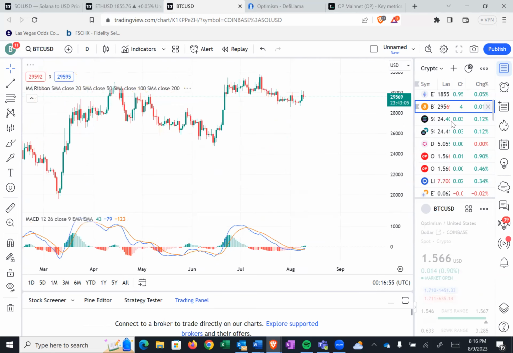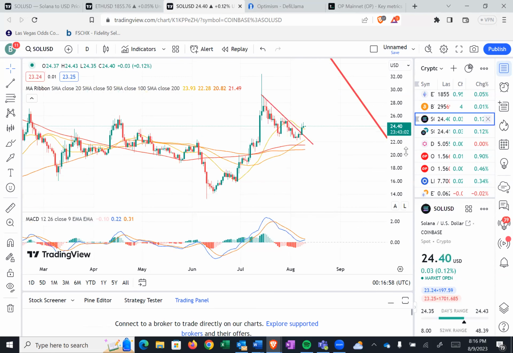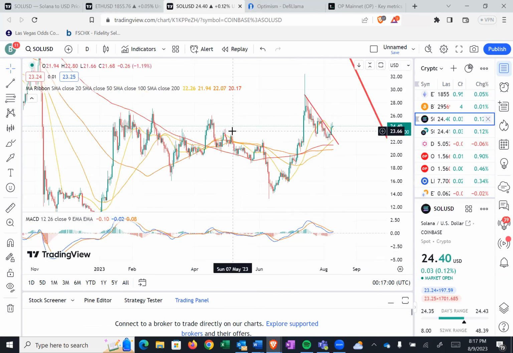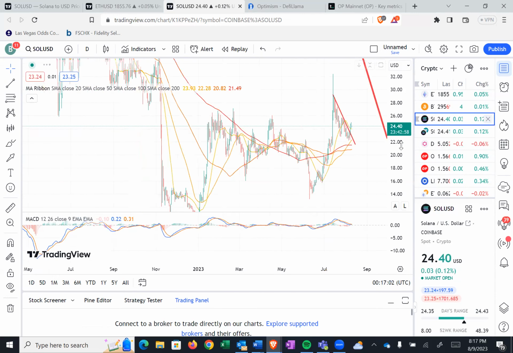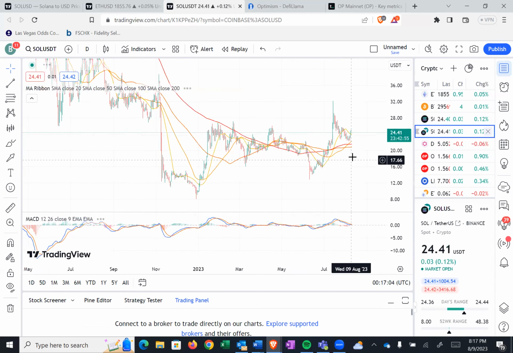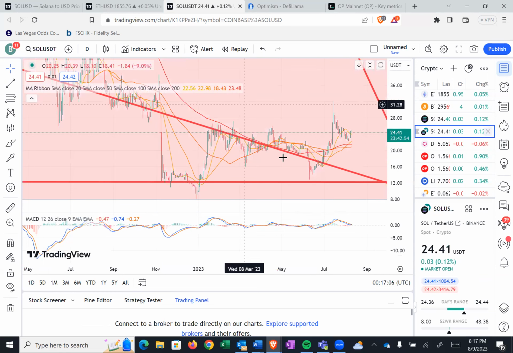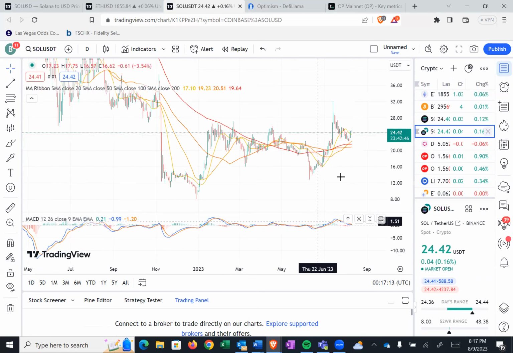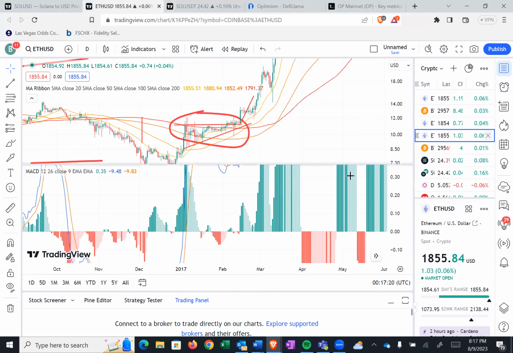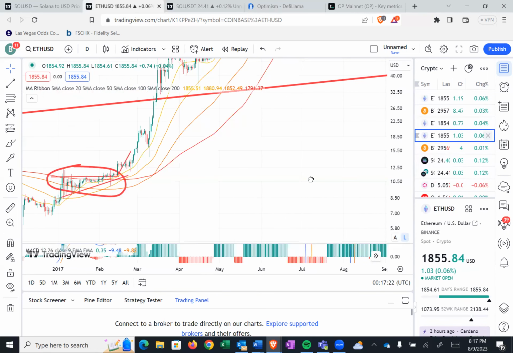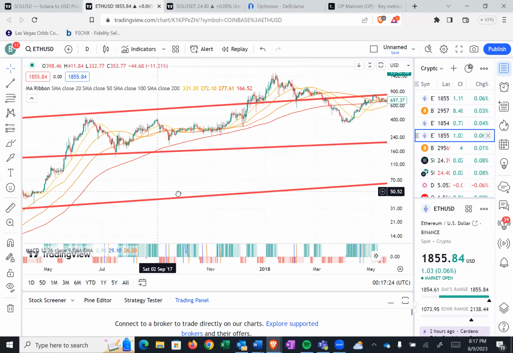Let's look at Solana. Solana looks great to me, if I'm being honest with you. Solana has a really interesting formation. It's kind of this double bottom pattern. Actually, interestingly enough, Solana looks very similar to Ethereum back in the 2017 correction, I think it was.